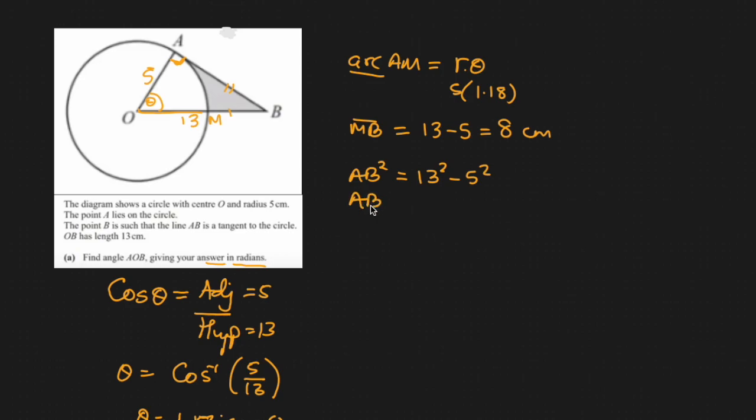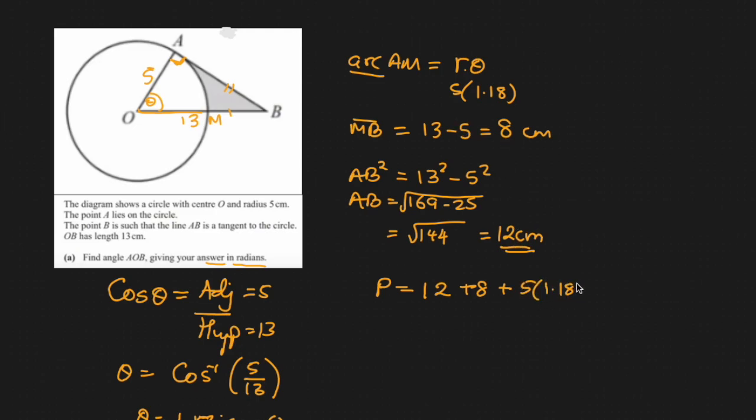So AB comes out to be the square root of 169 minus 25, so square root of 144, which is 12 centimeters. So we have all of them. Perimeter will be 12 plus 8, plus 5 times 1.18. And I'm going to use the last answer in this one. Let's do this. 20 plus.